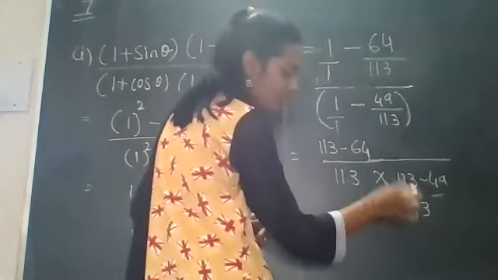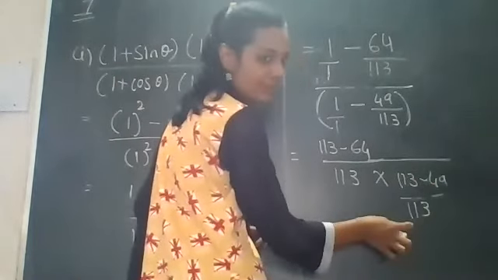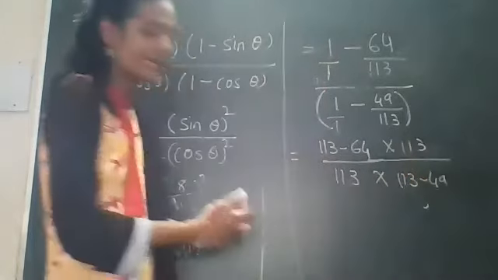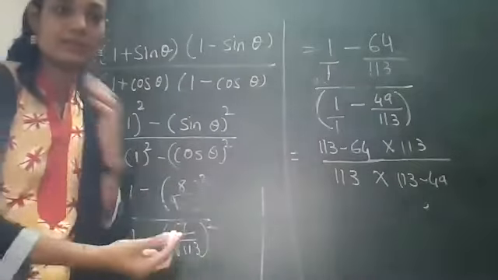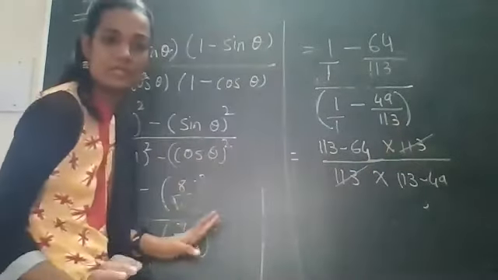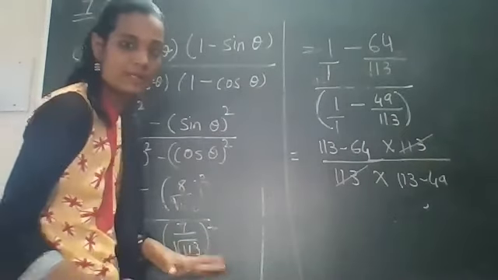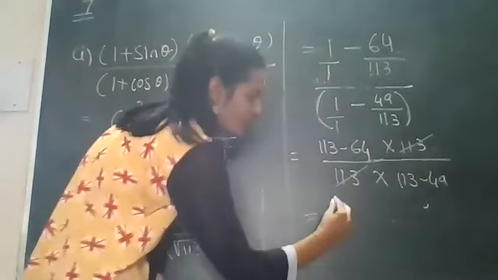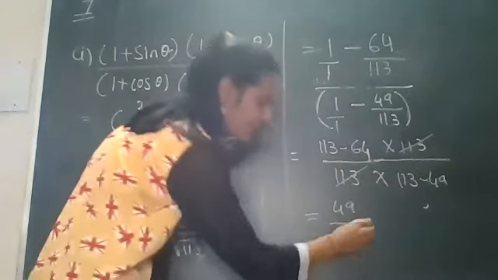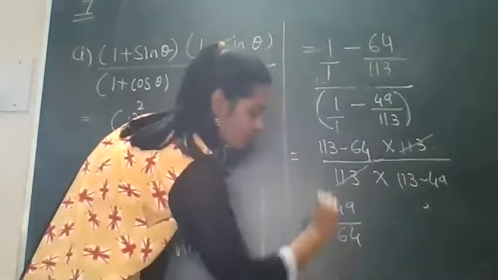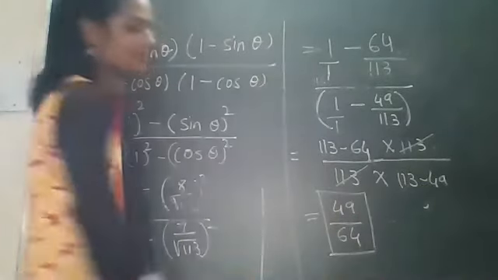This is the denominator as well, so this 113 will go to the upper side and cancel out here only. So 113 minus 64 is equal to 49, divided by 113 minus 49 is equal to 64. That is our answer.